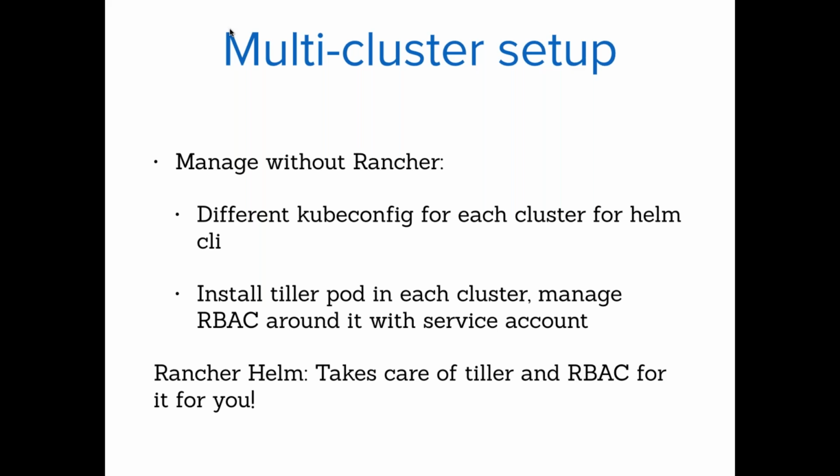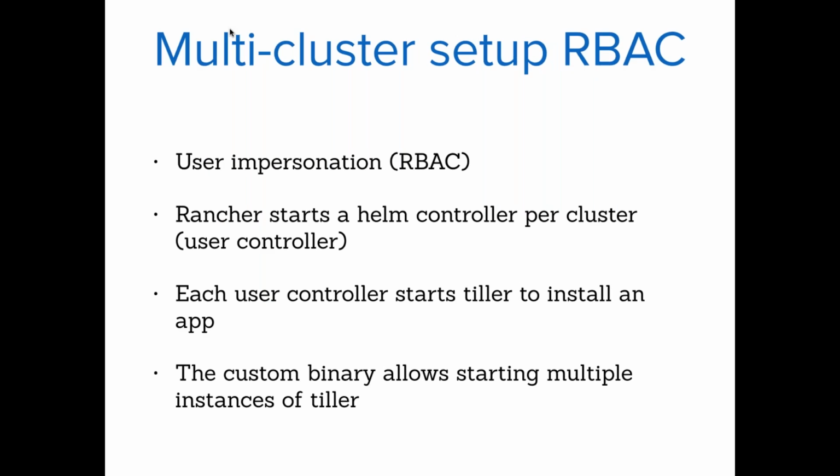And so, since Rancher does the job of managing multiple clusters for you, it also takes care of all these things related to launching the app in all clusters, or RBAC for Tiller. So RBAC for Tiller is done via user impersonation.